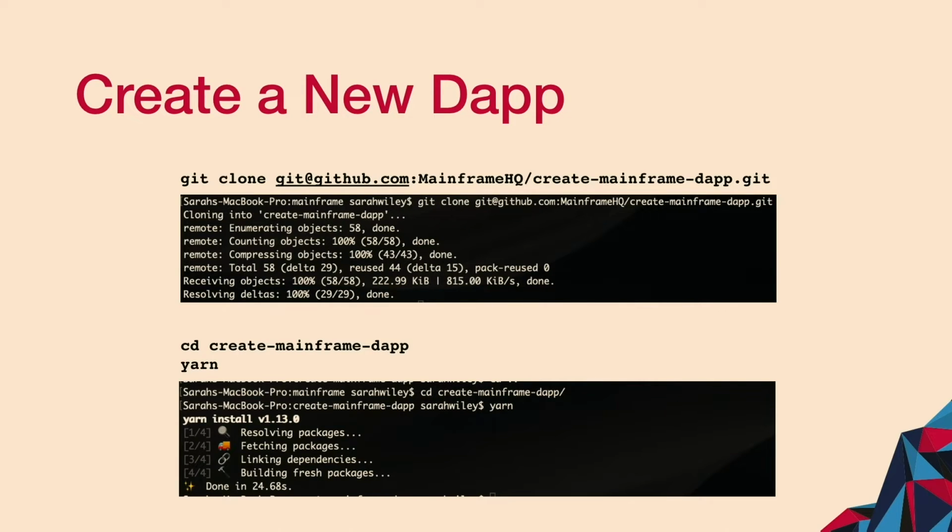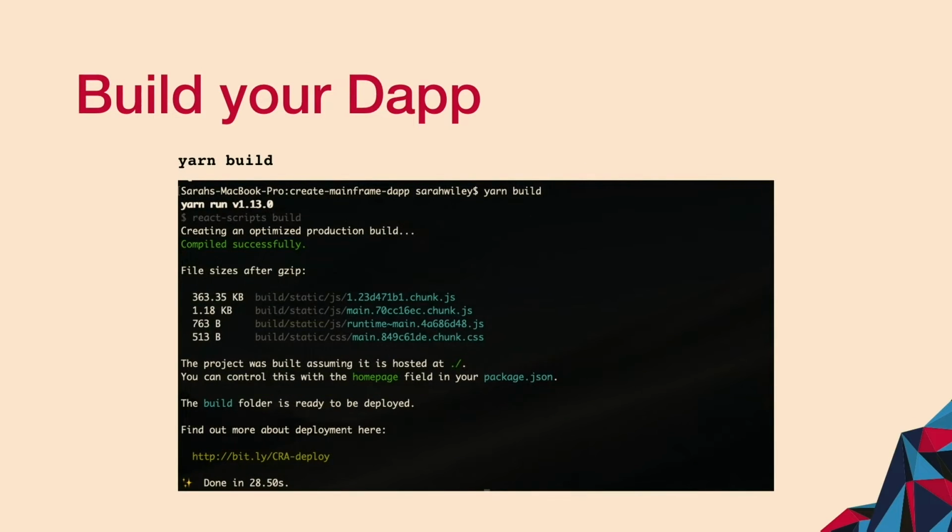Clone the repo and install the dependencies, build, that gets you your build folder that should have an index.html file in it, and that's the entry into your new DApp. And so the basic DApp that's created as a result of this includes the integration to our SDK, so it comes pre-installed with our SDK packages, and an integration with a UI toolkit that we've published called Morpheus UI.